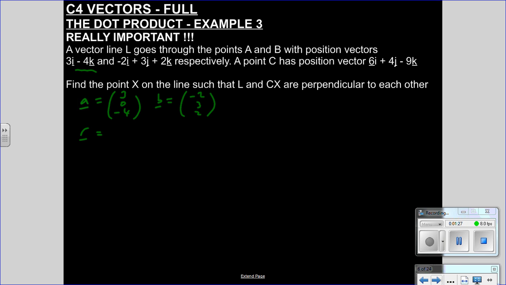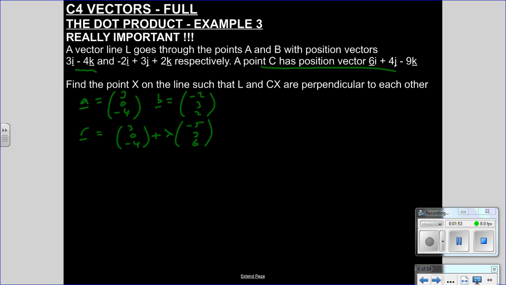So r is A plus lambda times A to B. That's B subtract A. Minus 2 minus 3 is 5. 3 minus 0 is 3. 2 minus 4 is 6. There's your line.